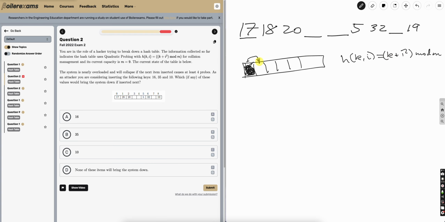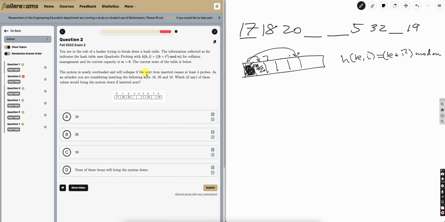If that is also taken, then it would insert at the next one, 2 squared, which is 4, so it would go 1, 2, 3, 4, and land here. After that, it would go to 3 squared, which would be 9. So that's basically the basics of quadratic probing.